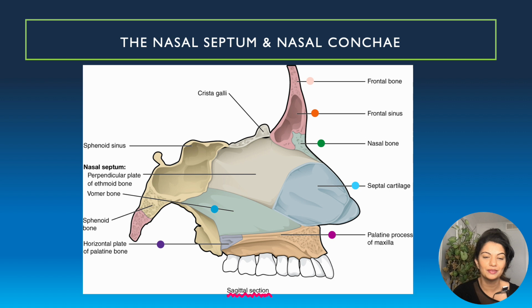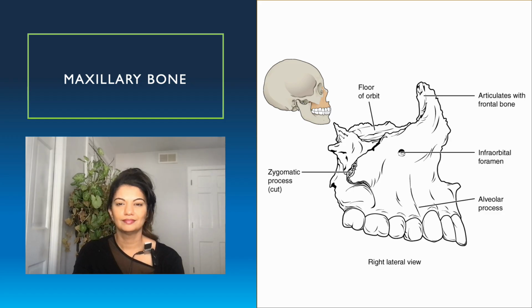And then, of course, we've also got the sphenoid bone, which you're probably very familiar with by now because we've talked about it so much, the perpendicular bone, and then, of course, the sinus. And lastly, everybody knows this fancy word by now, the crista galli. So there you have it.